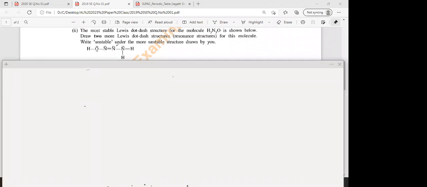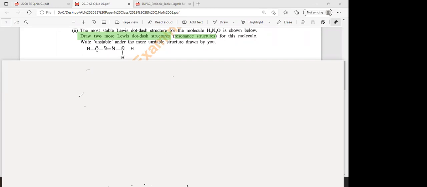This one is given below. Draw the two more resonance structures. Two more dash structures or resonance structures. Right? Unstable, the more unstable structures drawn by you. Okay, if it is unstable, you have to draw unstable. Right.